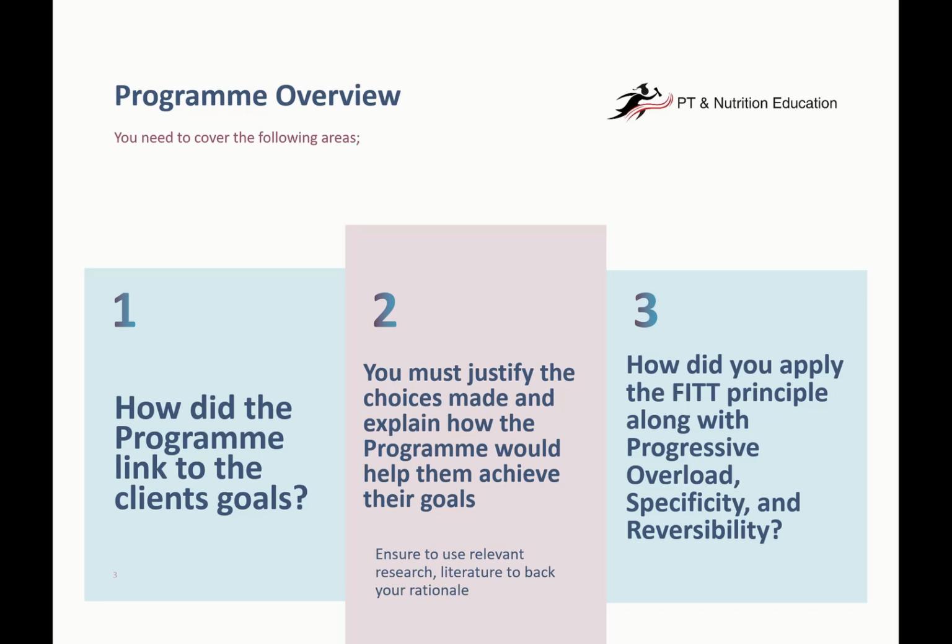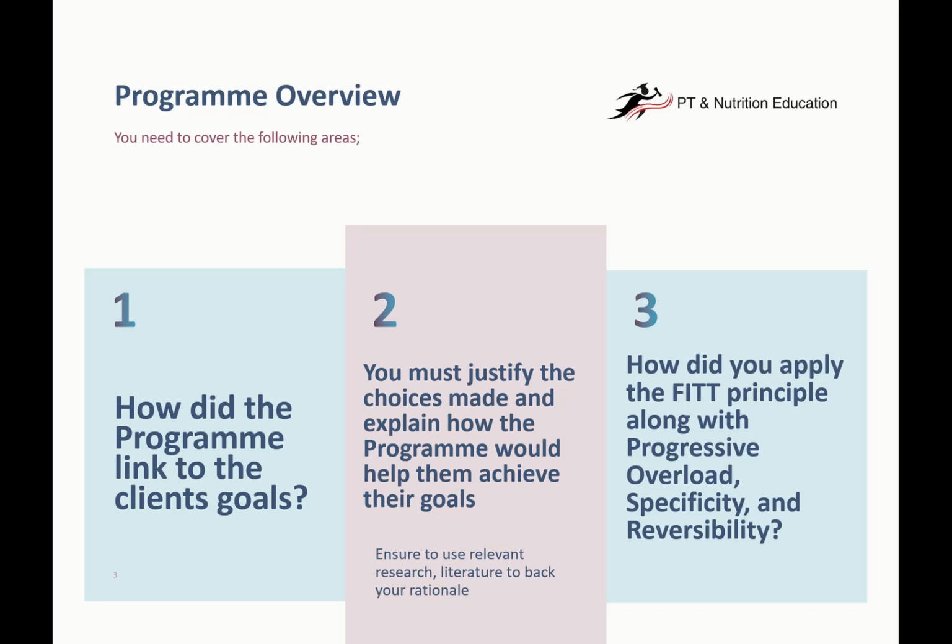As we've previously mentioned, whatever your client goals are or were, you need to make sure that you are referring to these explicitly throughout your entire overview. So, for example, if we're talking about increasing strength, then why have the training principles that you've put forward going to help you achieve those particular goals?